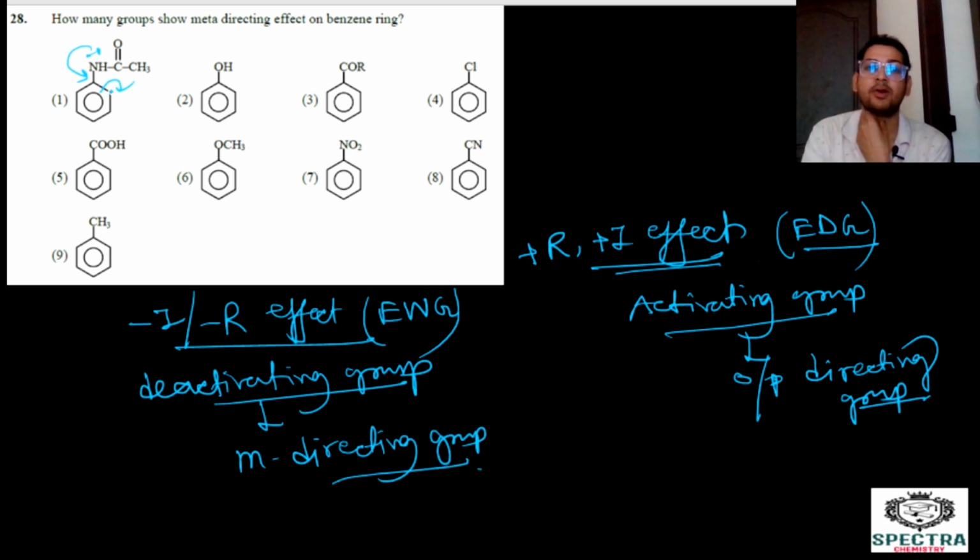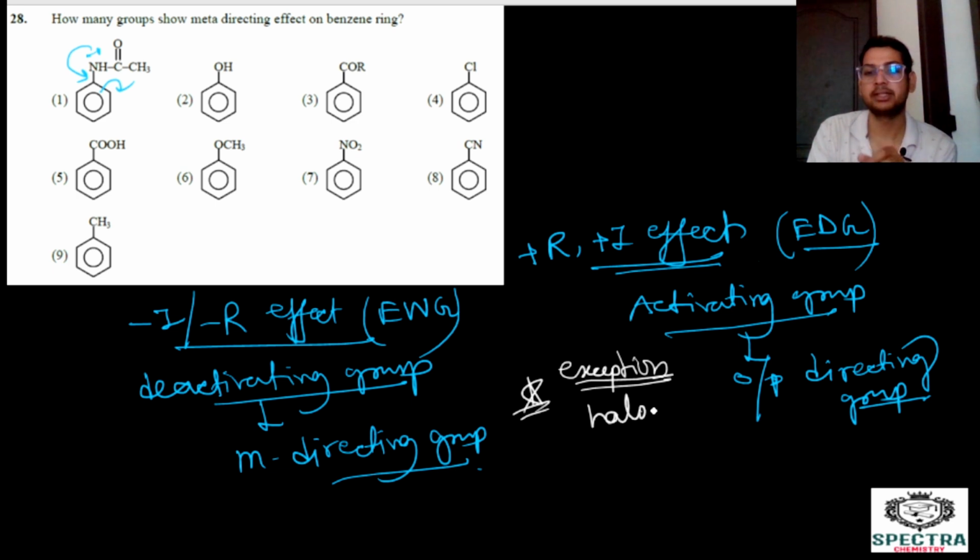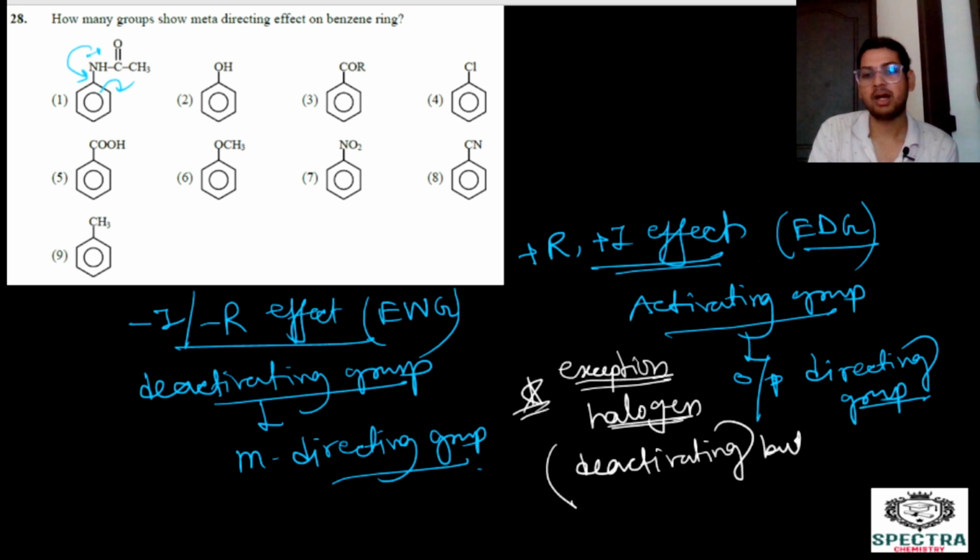Okay, but here only one exception is there. What is the exception? The exception is halogen. Halogens are deactivating but ortho-para directing.